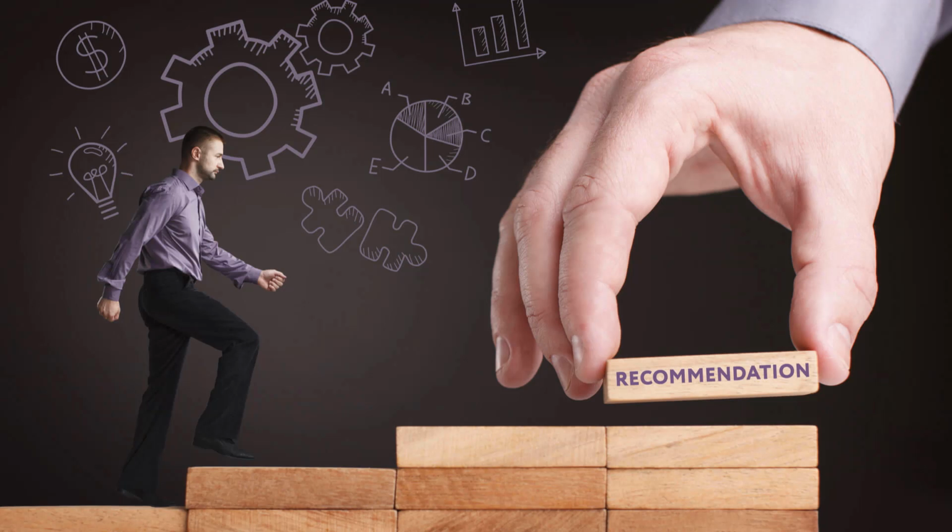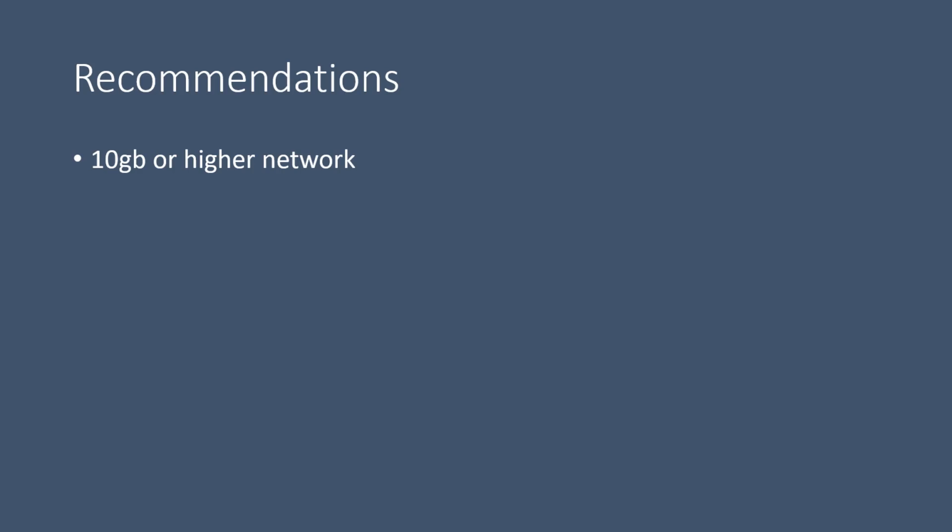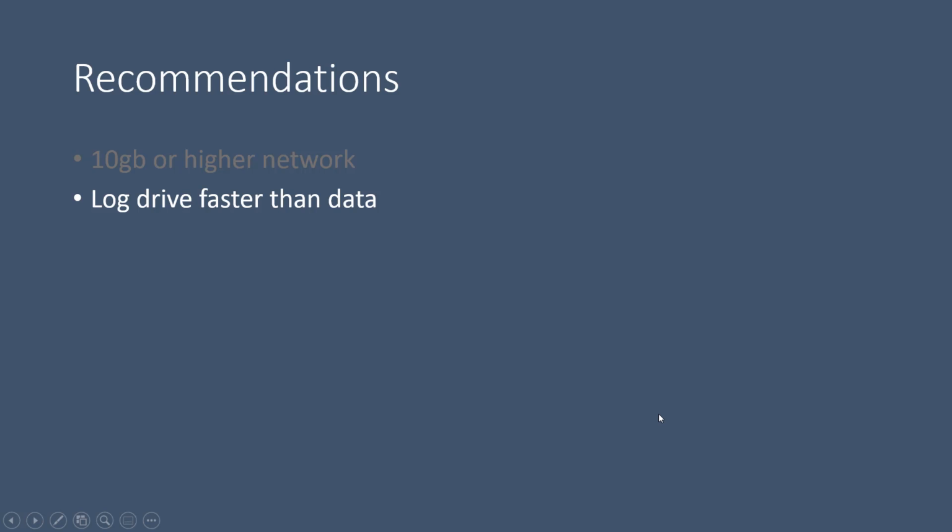Some of the recommendations that we have is a 10 gig or higher network. Depending on the amount of data that has to get written across, there may be a lot that's done. So you probably should have a 10 gig or higher network. We've always recommended the log drive be faster than the data drive.